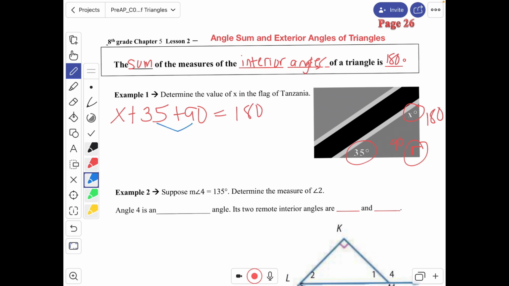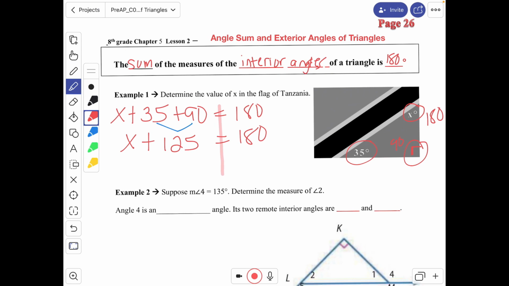Well, the first thing we want to do is combine like terms. So I'm going to go ahead and add 35 plus 90, and I get 125. Don't forget to bring the x down. And then we want to solve for what x is. And the way we solve is to do the opposite.